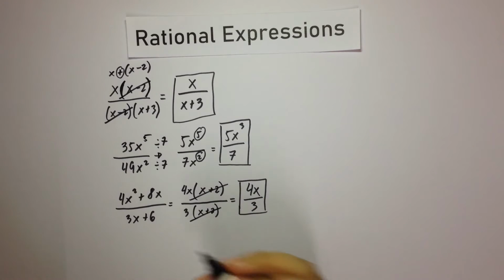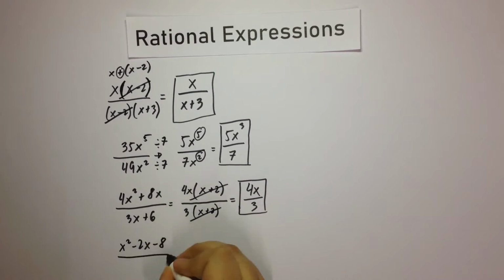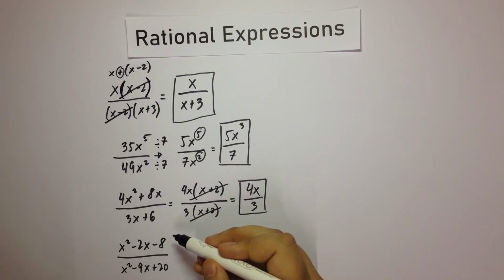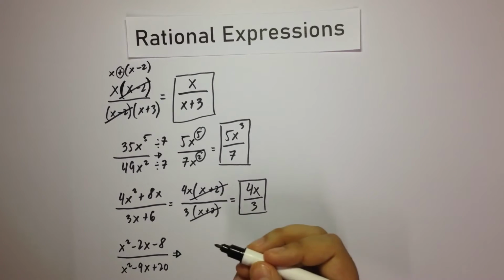For our next example, let's have (x squared minus 2x minus 8) over (x squared minus 9x plus 20). Over here, the numerator and the denominator are both quadratic trinomials, which means we can factor them even more.